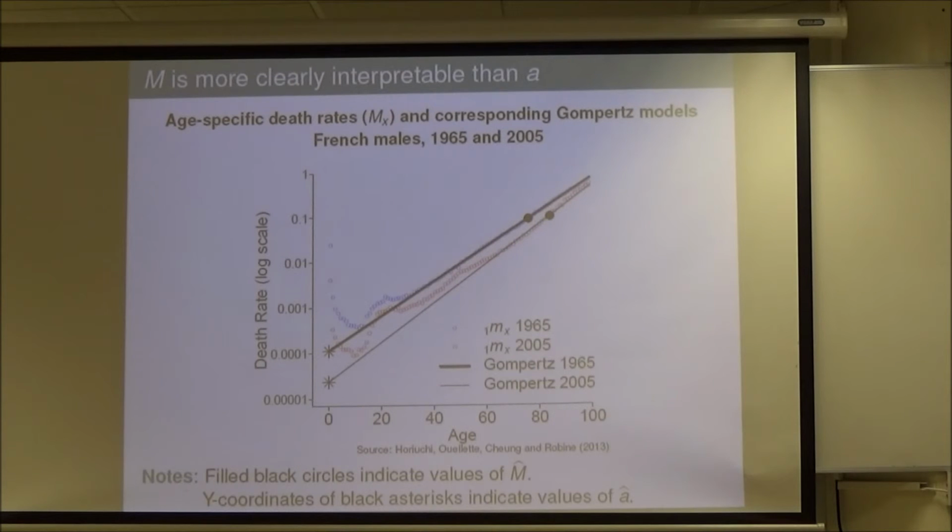Moreover, the values estimated for the A parameter are so small that it's difficult to have a clear illustration of what they mean, or an intuitive understanding of those very small values. On the contrary, the meaning of M is very clear. So to wrap this up, what are the take-home messages?